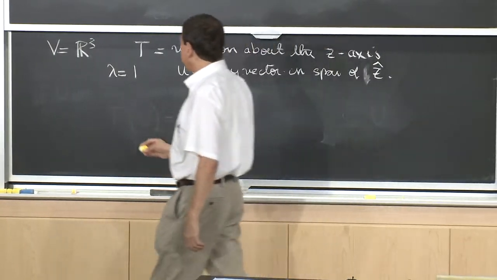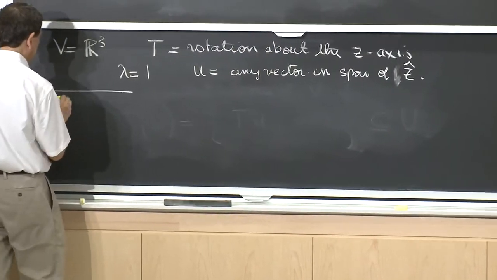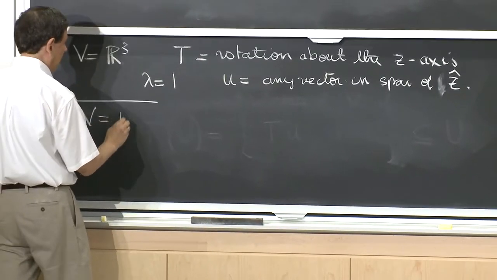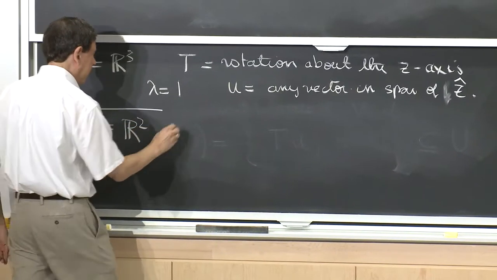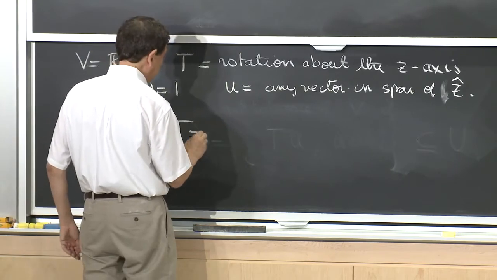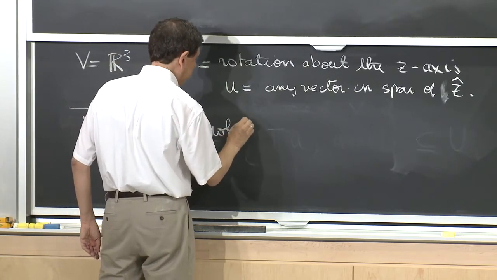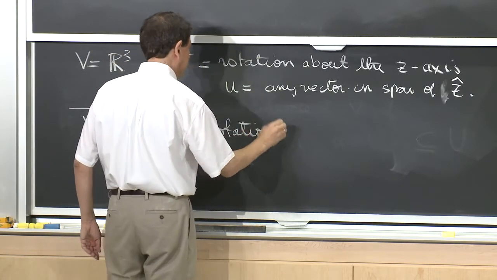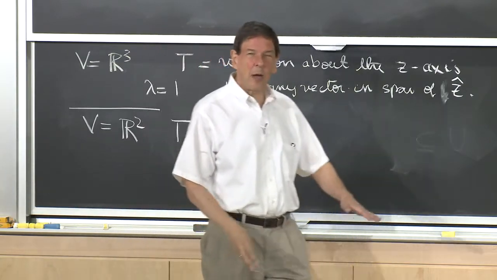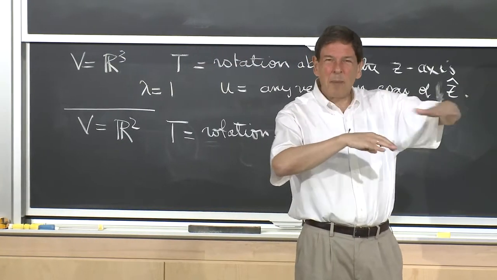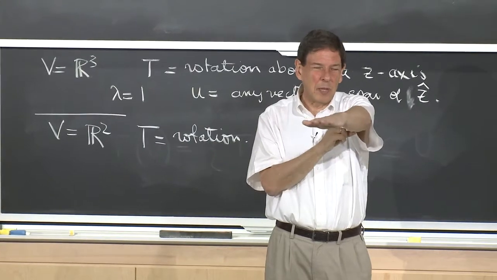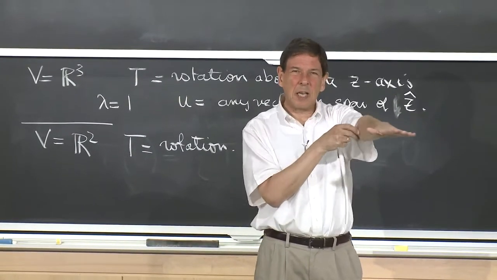If you take another example, V equals R2, the plane, and T, a rotation again. Now you have just the plane, the xy plane, say, and you're rotating vectors rigidly.